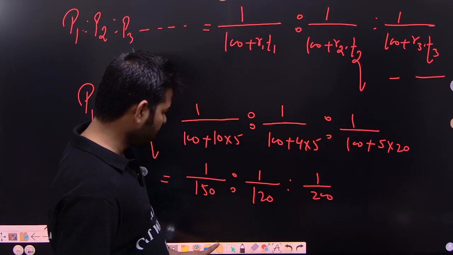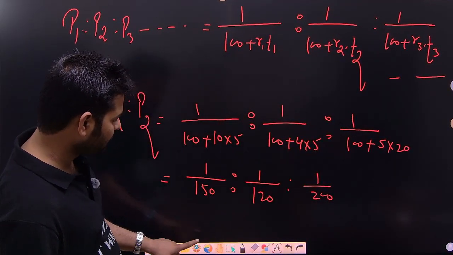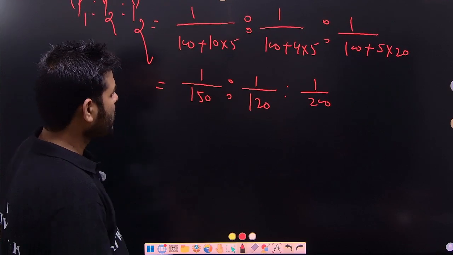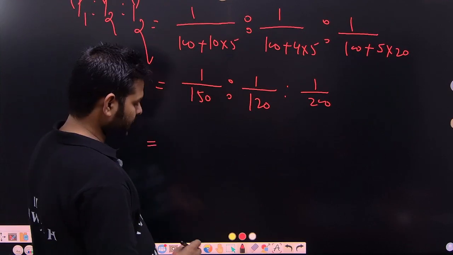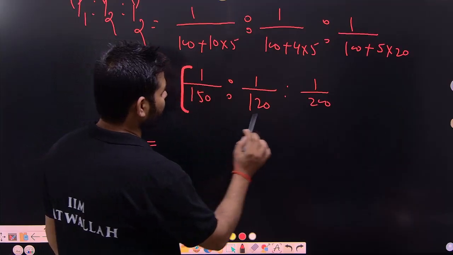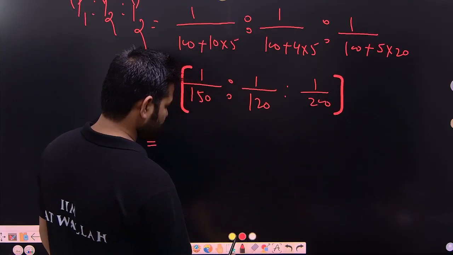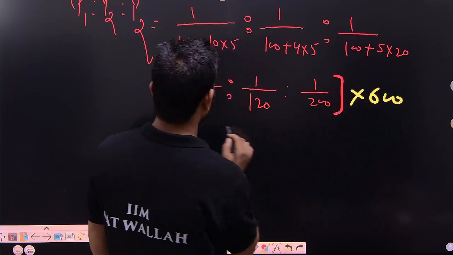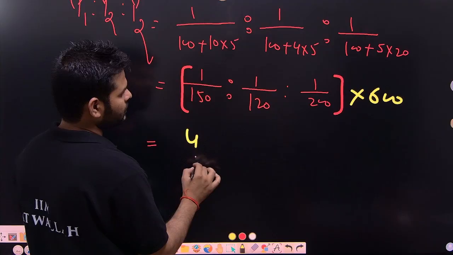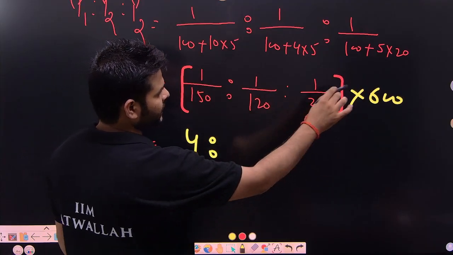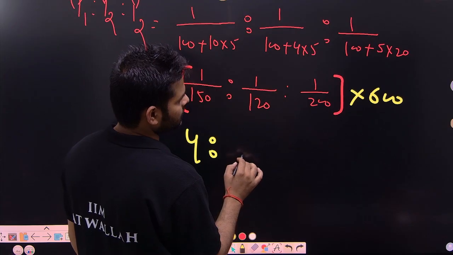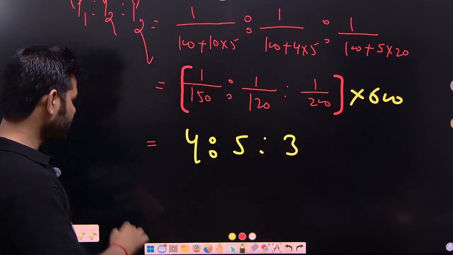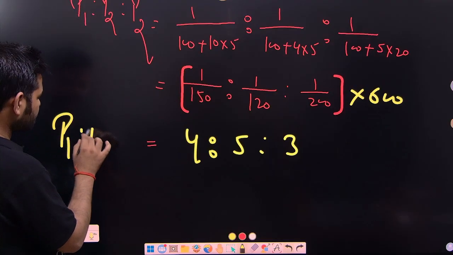For the ratio, you need to multiply by the LCM of all those numbers. The LCM would be, I think, 600. So you multiply those values by 600 and get 4, 5, and 3. This is the ratio of their principals.